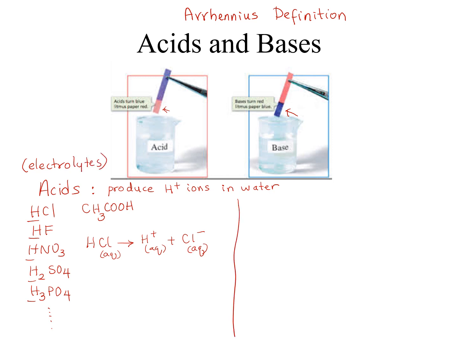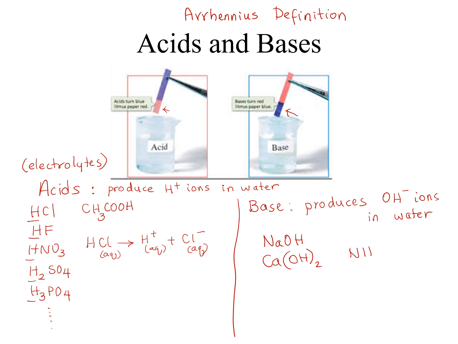Similarly, bases also will be electrolytes. And according to the Arrhenius definition, a base is a substance that produces hydroxide ions in water. So examples are sodium hydroxide, calcium hydroxide, ammonia.